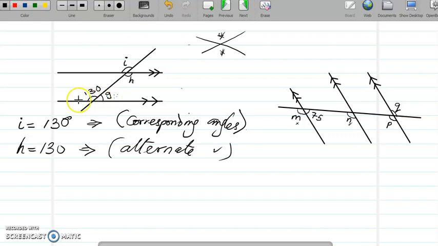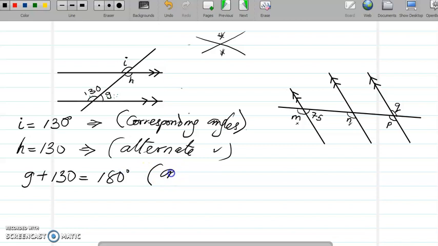Okay, now what about this? I can say this also are on a straight line, or I can say this plus this is equal to 180, interior angles. Anyone you want to use, you are free to make use of it. So let me say G and 130 is equal to 180. What reason do I have there?